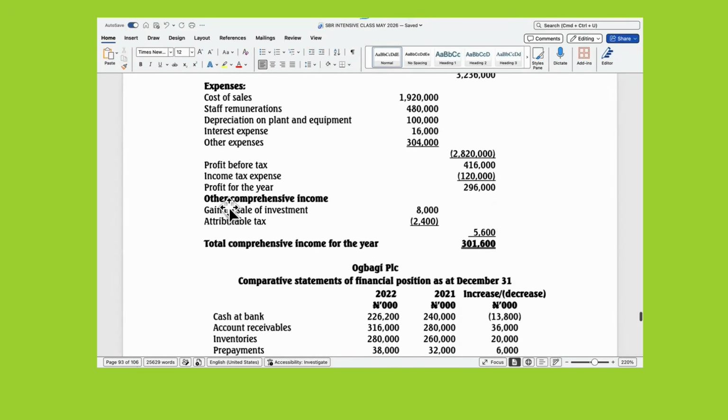But I saw that there was a gain on sale of investment. They made a mistake. This is actually a revaluation surplus, or it could be an investment that is valued at fair value through OCI, but this is a revaluation of 8,000.